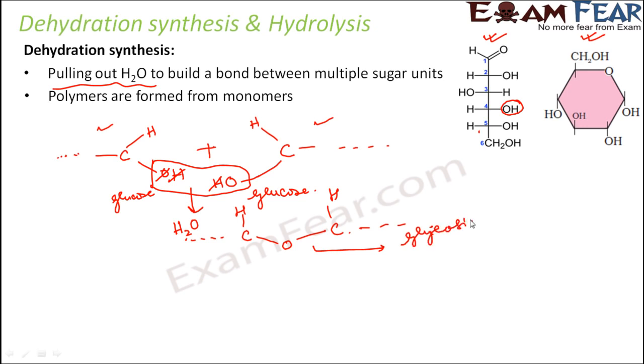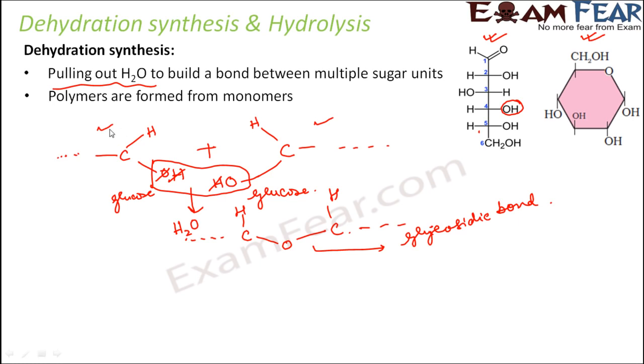But for now, you should just know this is a glycosidic bond. So this process is known as dehydration synthesis, where two sugar units or two monosaccharides come together. One water molecule is taken out and a glycosidic bond is formed. Due to the formation of that bond, a bigger sugar unit is formed, that is, a polymer is formed.